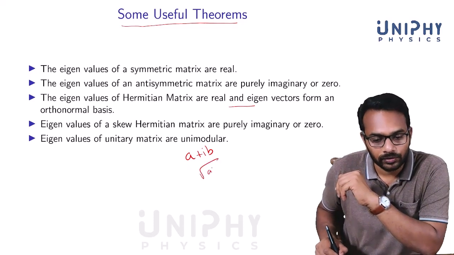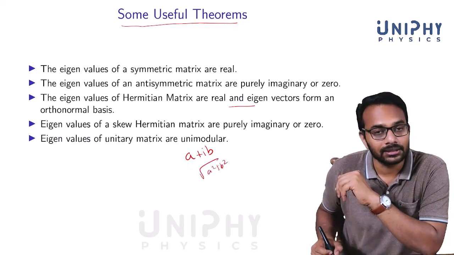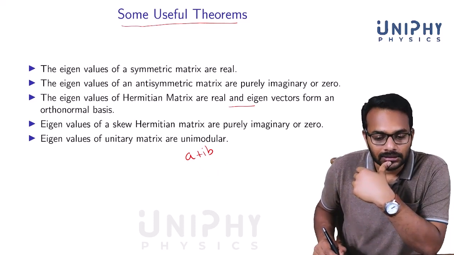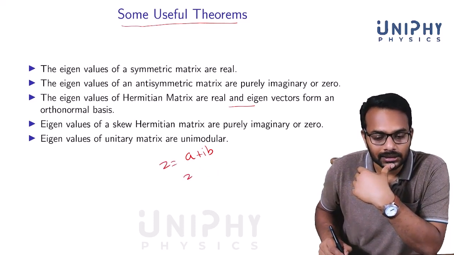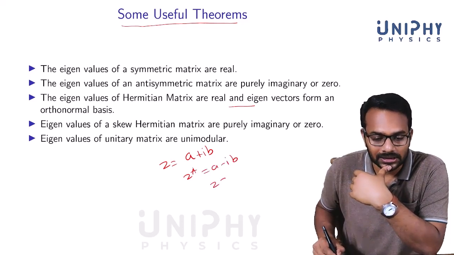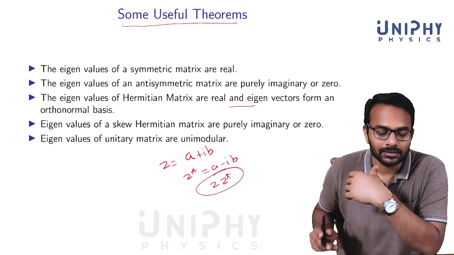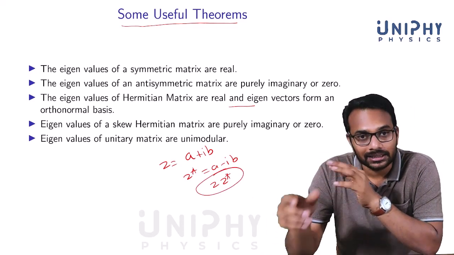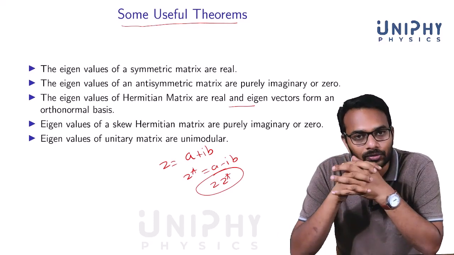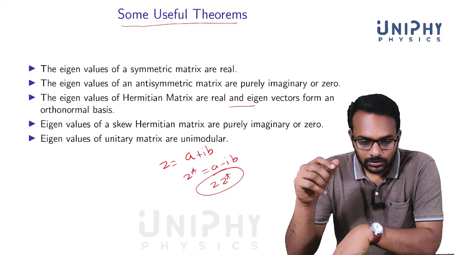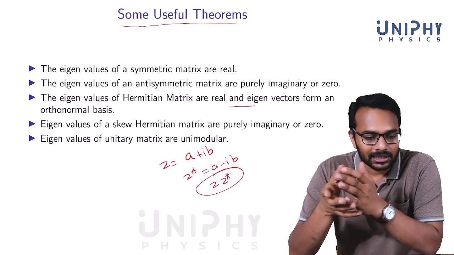It's the square root of a squared plus b squared. That's known as the modulus. Then z star is equal to a minus ib. So you just have to find z star, and you can check whether the modulus is equal to 1.